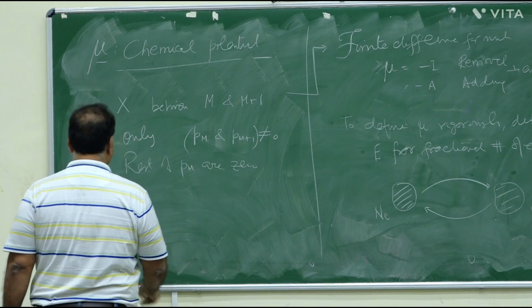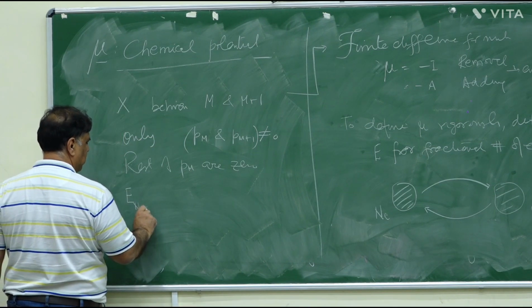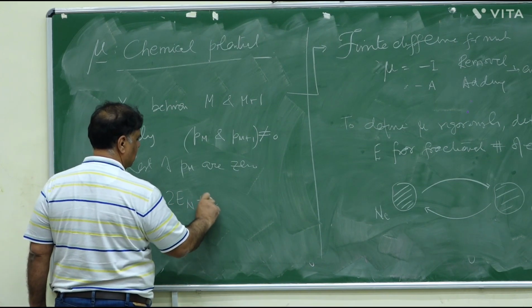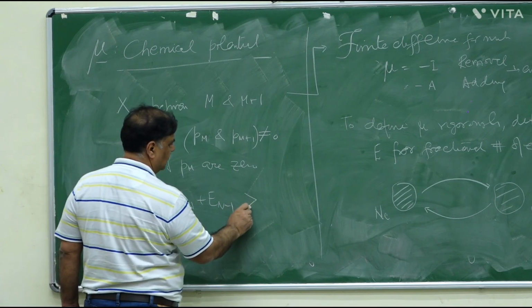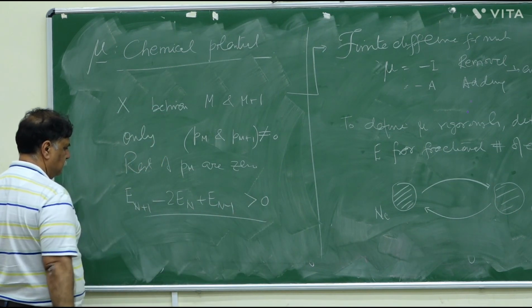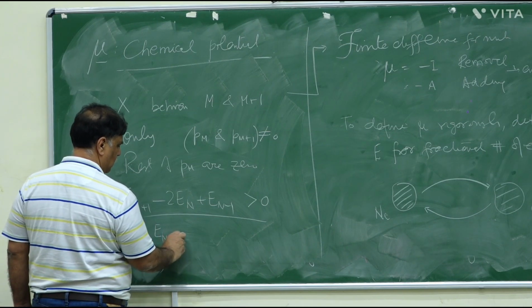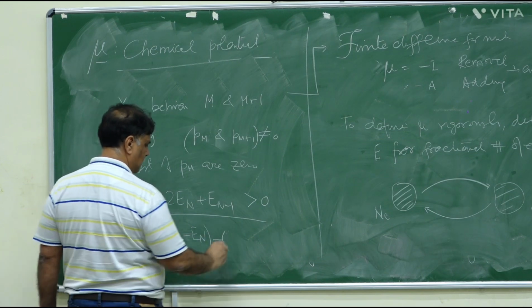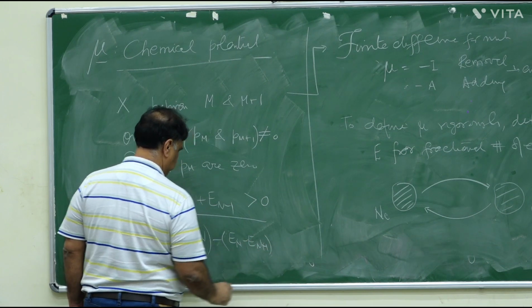The other thing about energy is that E_(n+1) minus 2 E_n plus E_(n-1) is always greater than or equal to 0. What is this? This is E_(n-1) minus E_n minus (E_n minus E_(n+1)).